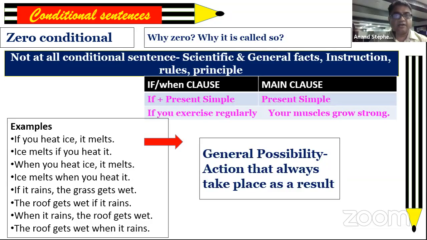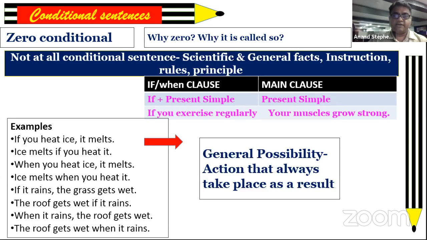In fact, not at all a conditional sentence, but a scientific fact, general truth, due to instruction, due to rules or principle, some action takes place because of something, some other action, as a result. Okay, first sentence: take the if clause, which is present simple. The main clause is also present simple.